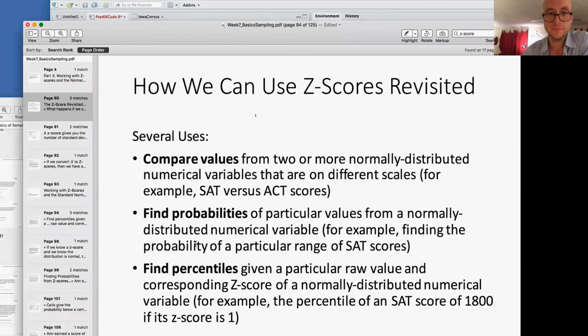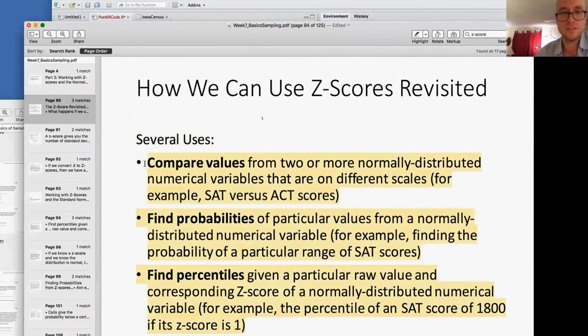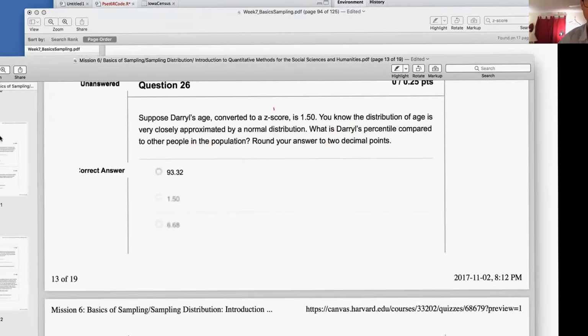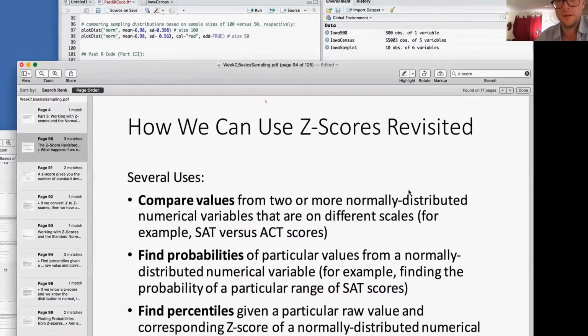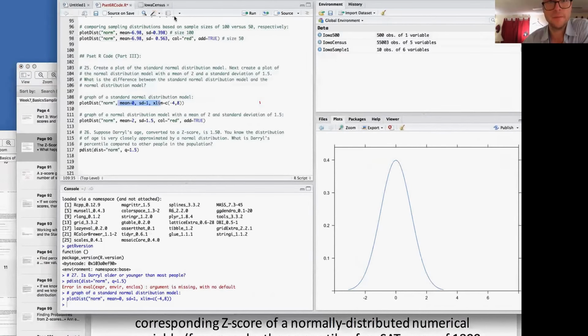And you want to find the probabilities, right? So basically there are 3 things you can do with z-scores. And keep in mind, all a z-score does, in essence, and I'll show you. A z-score basically tells you, a positive z-score of 1 would tell you that you're 1 standard deviation above the mean.